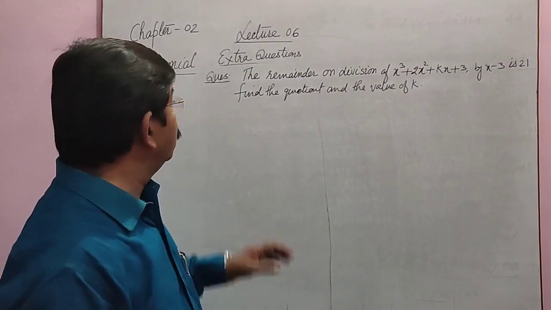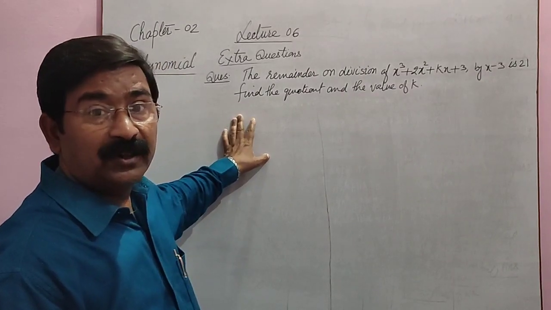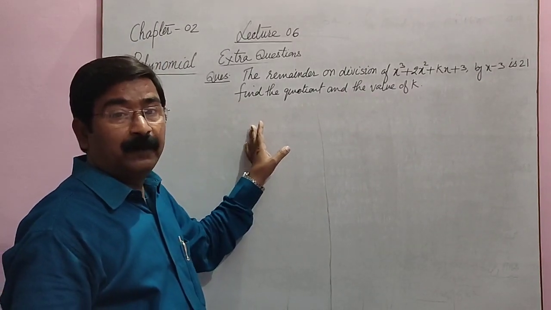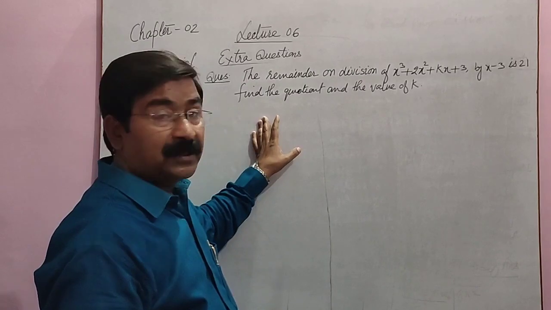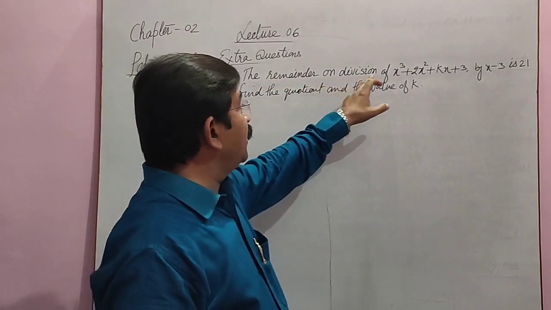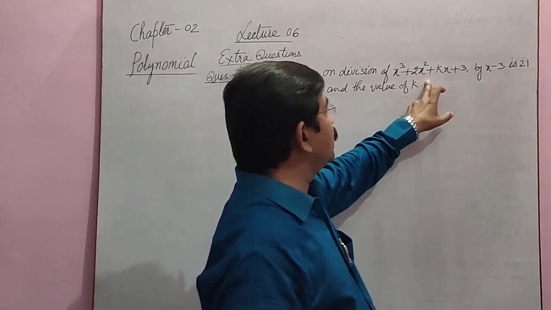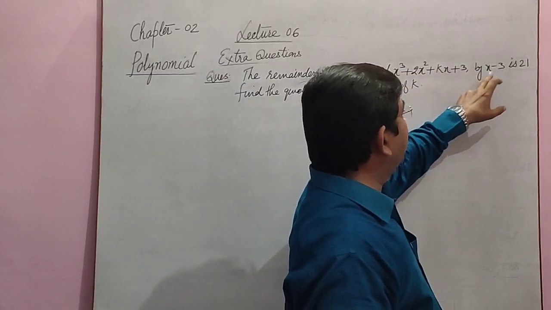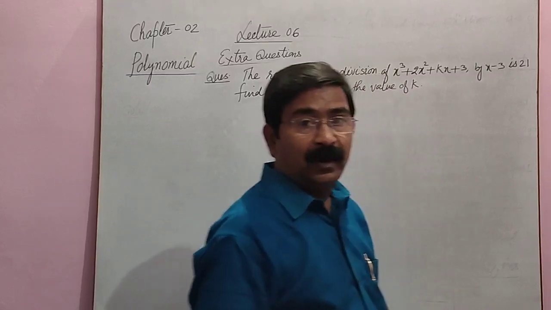Another question, it is a very important question. This was given in the CBSE board sample paper. Question is, the remainder on division of x cube plus 2x square plus kx plus 3 by x minus 3 is 21.